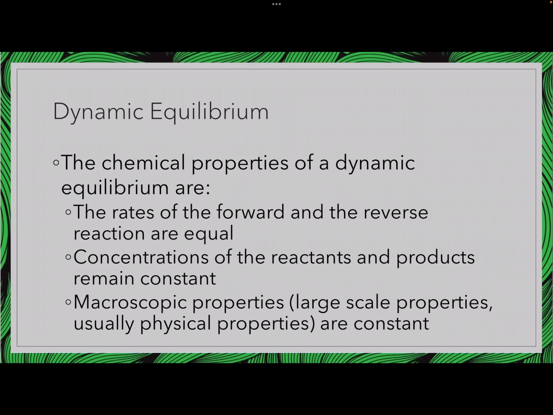There are no constant macroscopic properties. If some of the molecules are black and some of them are white, and then they switch, as long as the overall macroscopic properties are constant, then it could be considered an equilibrium system and a dynamic equilibrium. But if the macroscopic properties aren't constant, it's not a dynamic equilibrium.